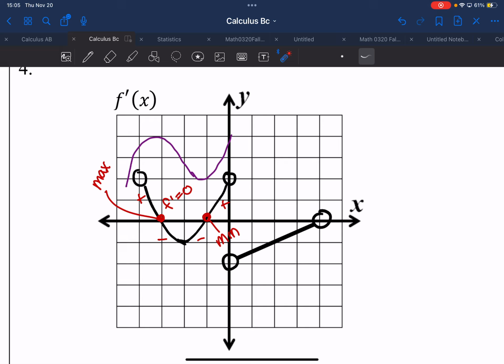Okay, on this derivative here, I also see what? What does this represent? A discon. Yes, question. Does it matter like what y value is?